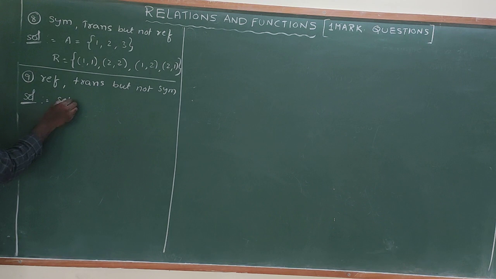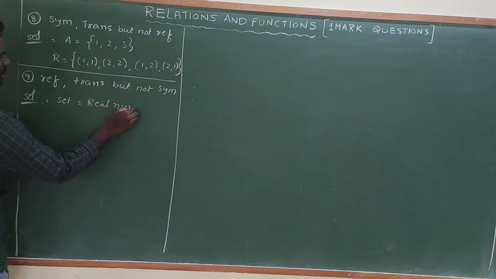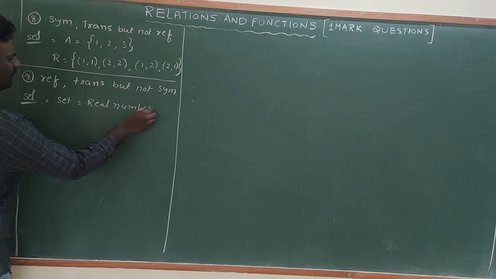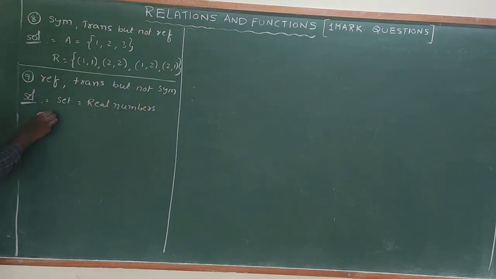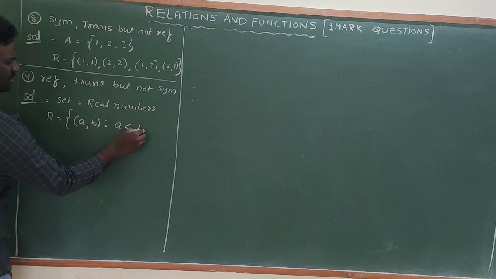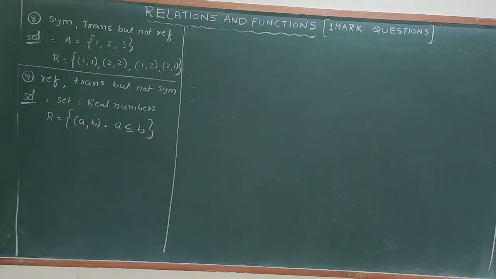So here I am taking the set equal to real numbers. To define a relation, a set is compulsory. And the relation is R equals to A comma B such that A less than or equals to B. It is reflexive, transitive, but not symmetric. Why?